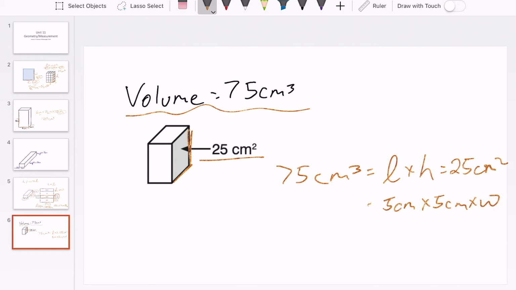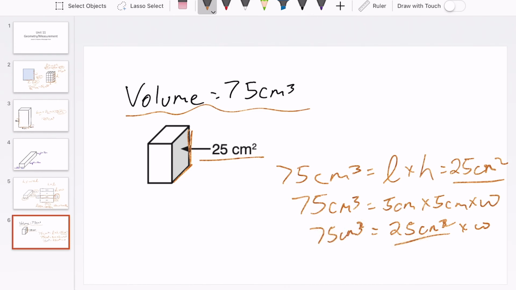That's what I don't know, so we're just going to use a little algebra here. This is 25 centimeters squared, and I can leave that together. I don't need to pull it apart to find out what the width is. I was just showing you that I know what the sides are. This is 75 centimeters cubed, and now I'm going to divide by 25 centimeters squared.